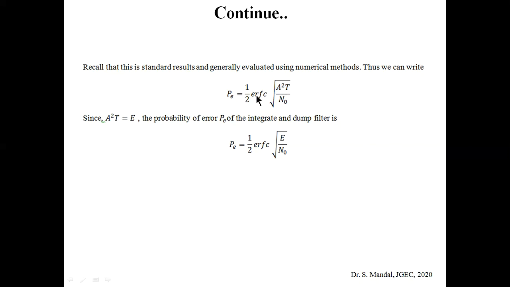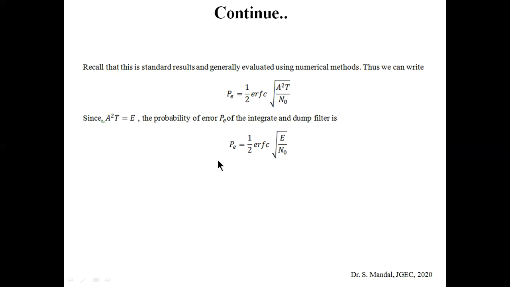As we already know that A square T equals E, the probability of error for the integrate and dump filter is given by Pe equals half into erfc of root E by N_0, the complementary error function of root E by N_0.